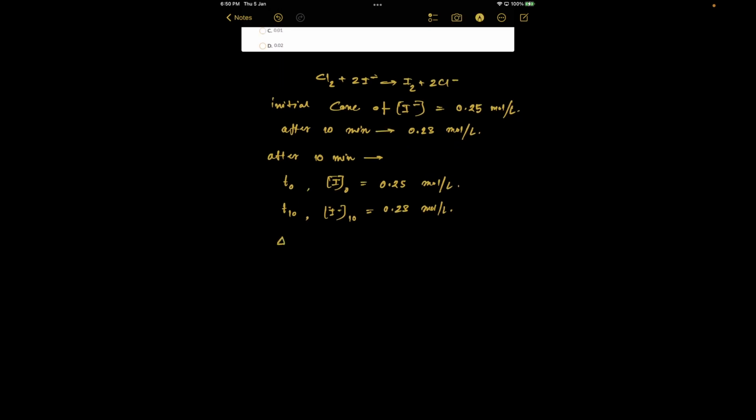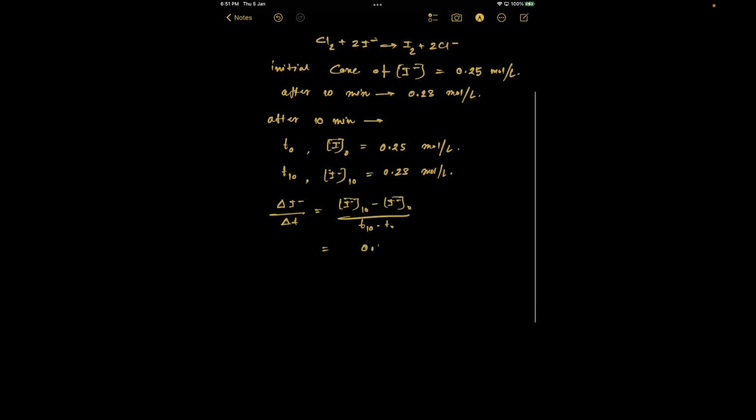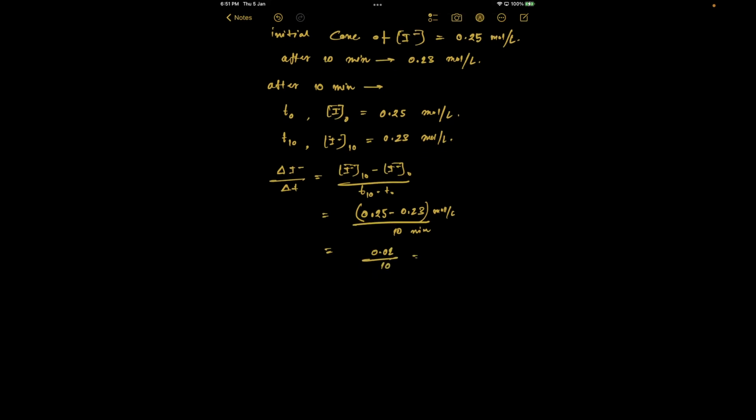So delta of I minus by delta t means I minus at t equal to 10 minus I minus at t equal to 0, divided by T10 minus T0. So it is 0.25 minus 0.23 divided by 10, mole per liter per minute. So 0.02 divided by 10 is 0.002 mole liter inverse minute inverse.